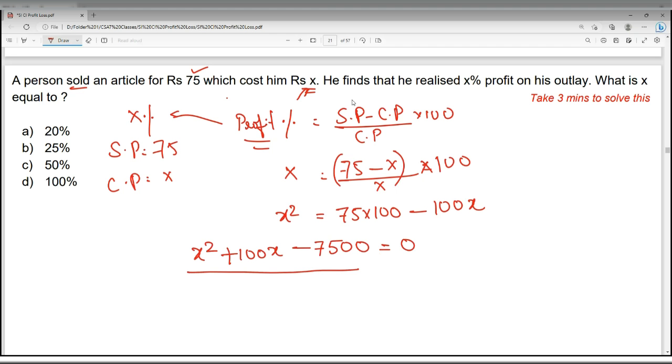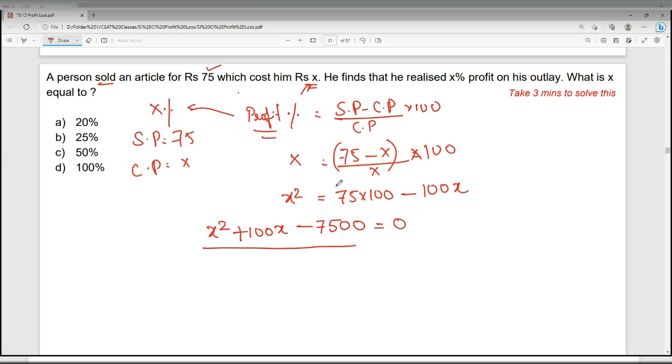This is a quadratic equation, and to find out the roots, you can do it by factorizing also, or you can use the formula directly. So if there is an equation ax square plus bx plus c is equal to 0, x can be calculated as minus b plus or minus root of b square minus 4ac divided by 2a.